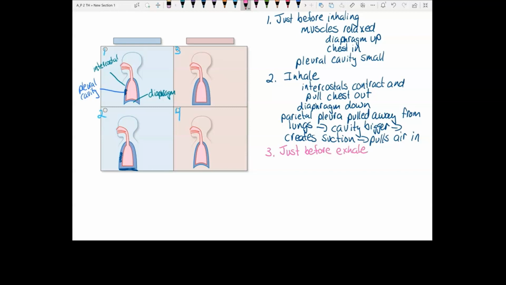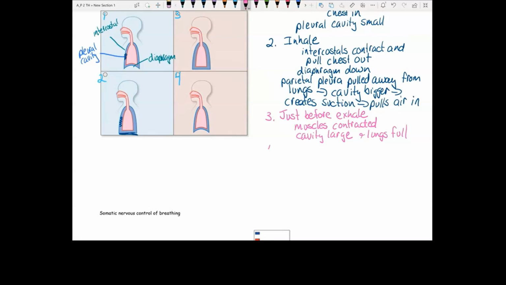So notice the muscles are contracted. We've got the cavity is large. And the lungs are full of air. Because you just finished inhaling.